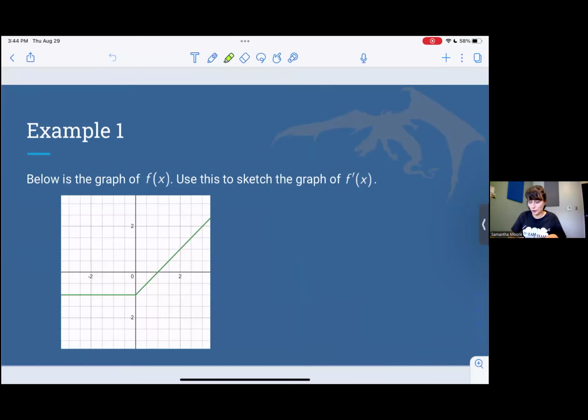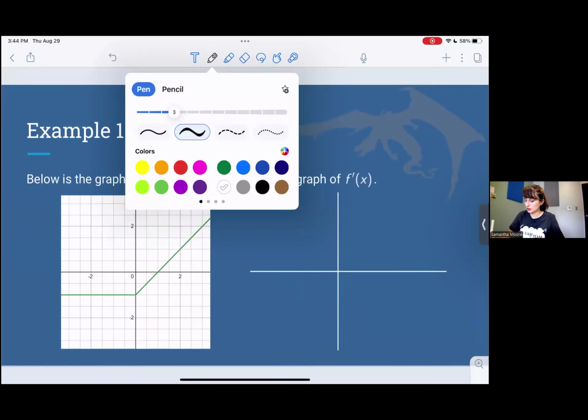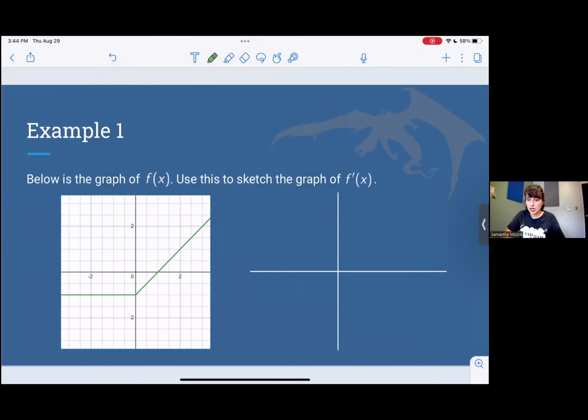Okay, so for example, if I let this function be f of x and I want to sketch the graph of f prime of x, then what I'm going to do is choose a bunch of test points. Let's say x equals 1. If I draw the tangent line, that tangent line is this.